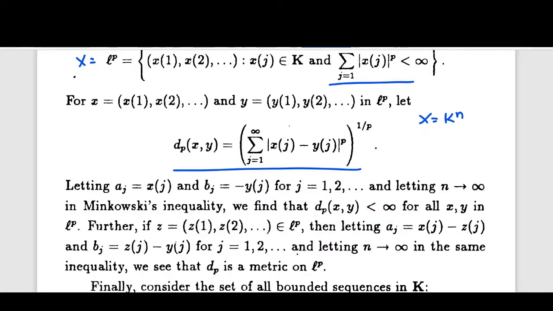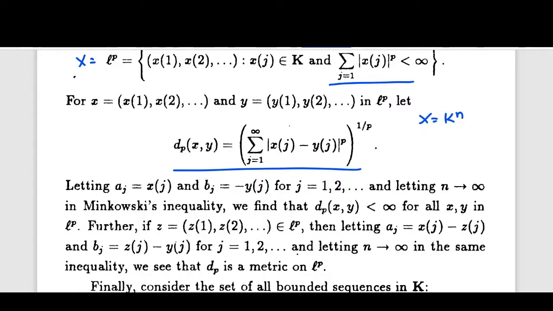First we want to show d_p(x, y) ≥ 0. It is clear from the definition, as we discussed in the previous example. Also, if d_p(x, y) = 0, it means |x_j − y_j| = 0 for all j, so x_j = y_j, which implies x = y.